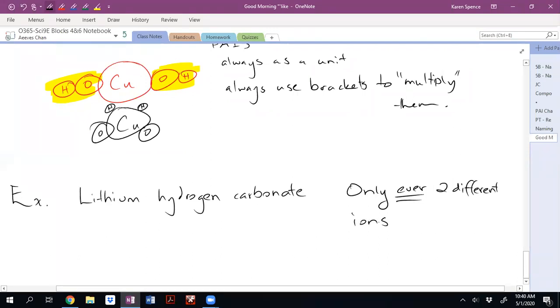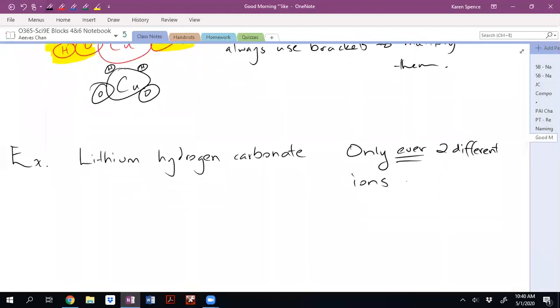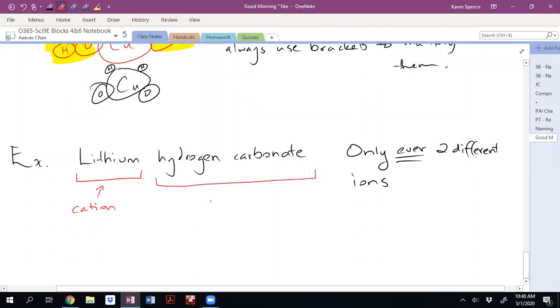And so there's going to be the cation, which in this case is the lithium. And what that means is that everything else has to be the anion, which means you can go look up the name hydrogen carbonate.